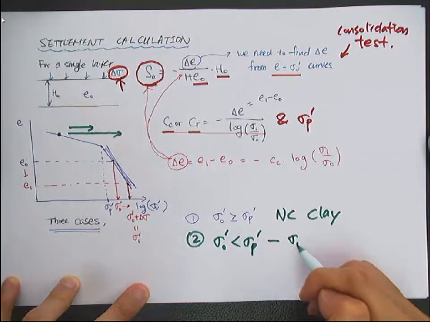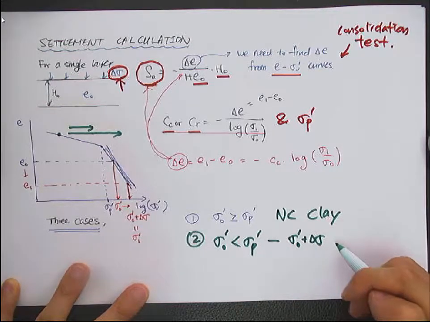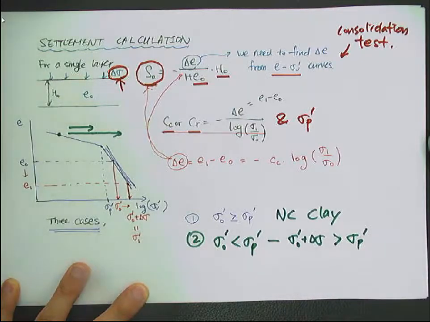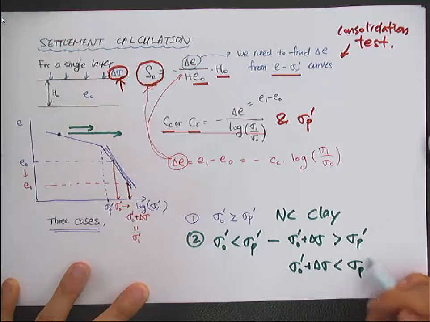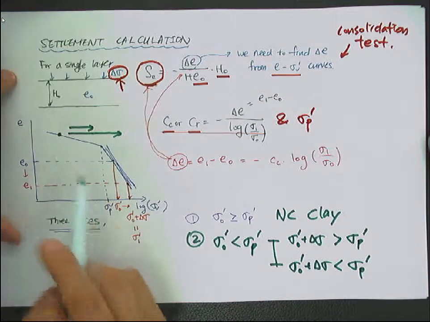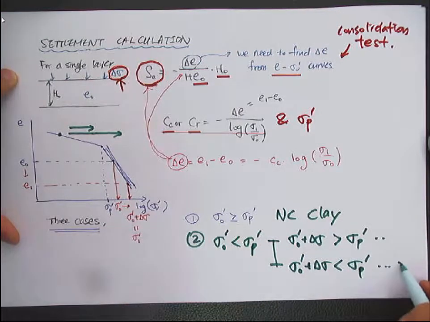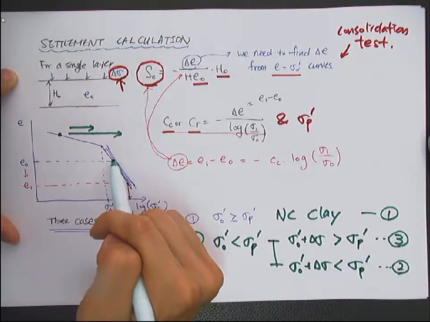So sigma naught plus delta sigma either exceeds the pre-consolidation stress, or does not exceed the pre-consolidation stress. Okay. So in this curve, this is the first case, the second case, and the third case. The first case will be from here to here.